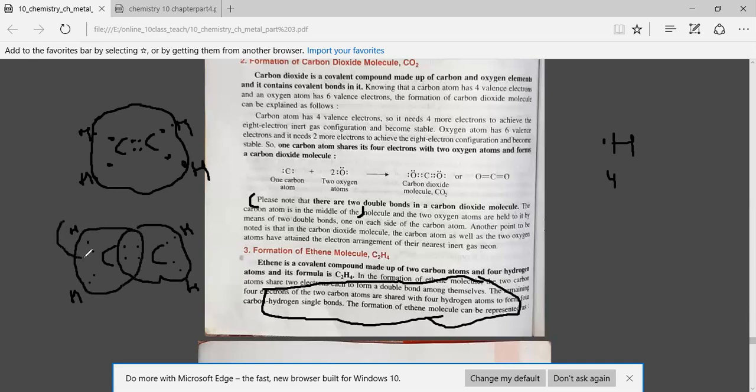Each hydrogen has completed the duplet. So every participating atom has completed the duplet or the octet.